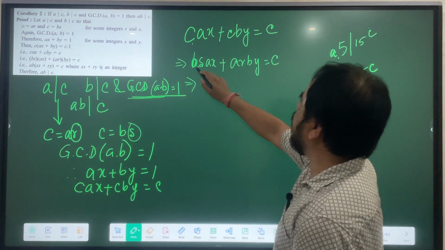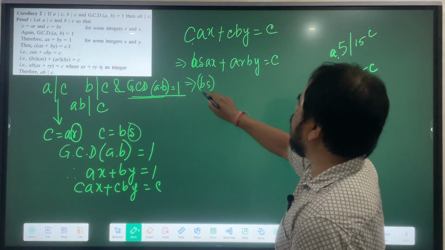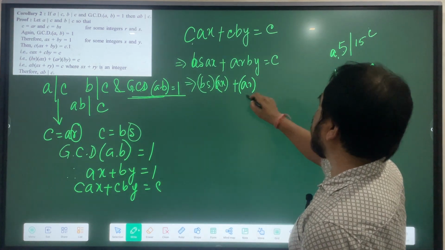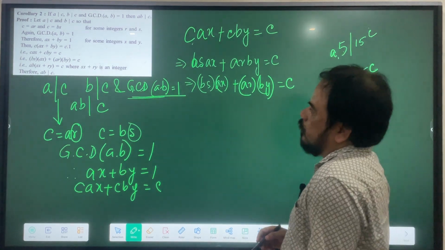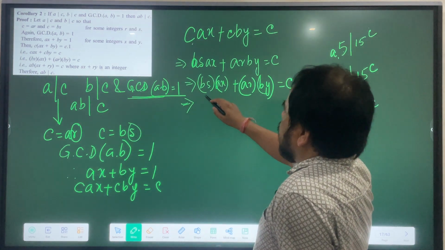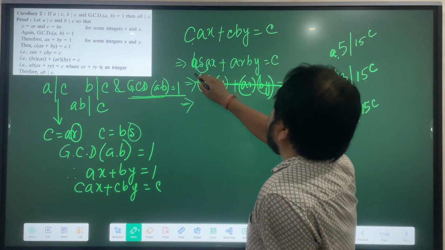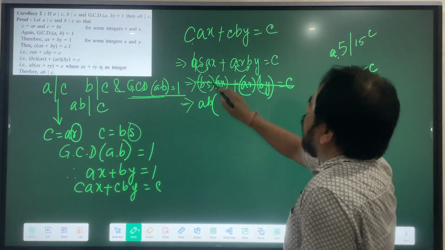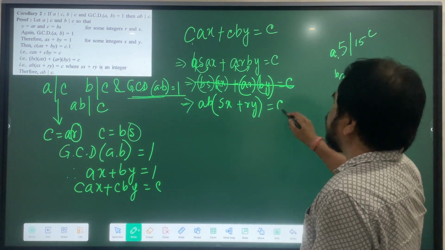Now bsax, arby. Now we will write bs ax, ar by equals c. Now from here only we can take ab common. Ab taken common. What is left here? sx plus ry equals c.